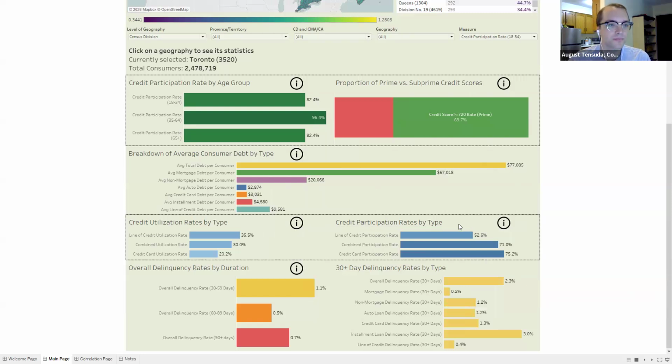So you can have a high participation rate but a low utilization rate. 75% of people have a balance on their credit card, but of those people, they're only using about 20% of the credit card. Likewise, with line of credit, we can see 52.6% for participation rate, but only 35.5% for utilization rate, which is interesting.